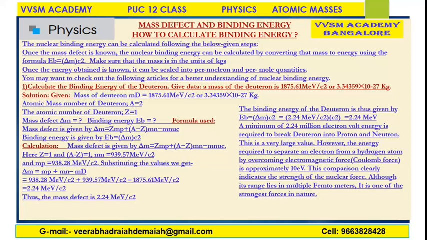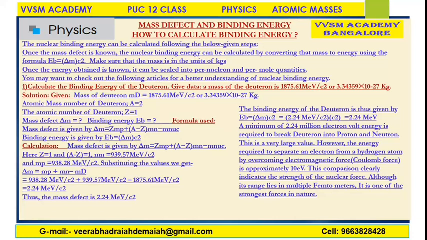The atomic number of the deuteron is 1. Substituting the values, you will get the mass defect 2.24 MeV per c squared. Thus, the binding energy of the deuteron is given by Eb is equal to delta m c squared, which is equivalent to 2.24 MeV per c squared.